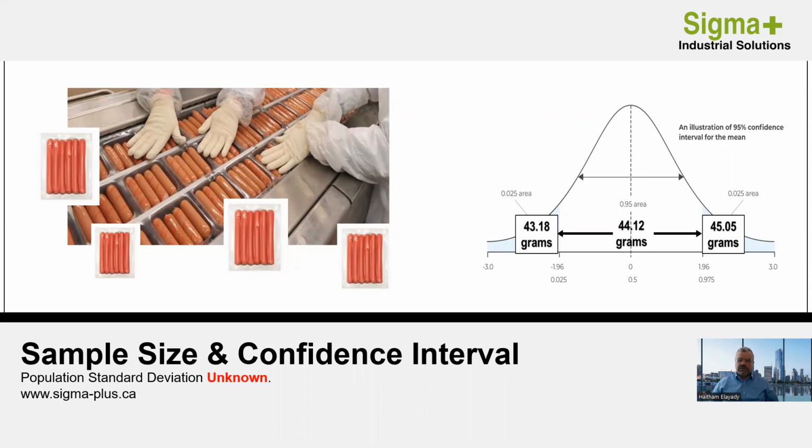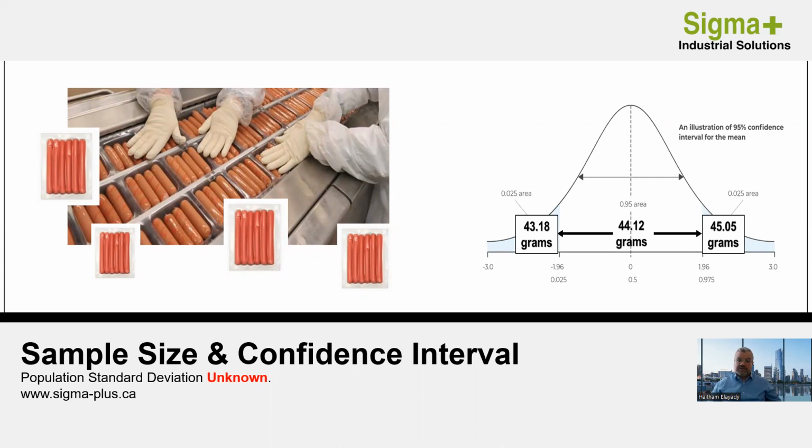In this video, we're going to continue the discussion about the calculation of the sample size for a population where its standard deviation is unknown. In our recent video, we discussed the calculation of the optimized sample size for a population where its standard deviation is known, considering a lower possible margin of error with a high level of confidence.